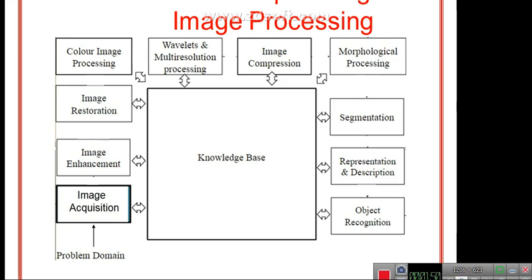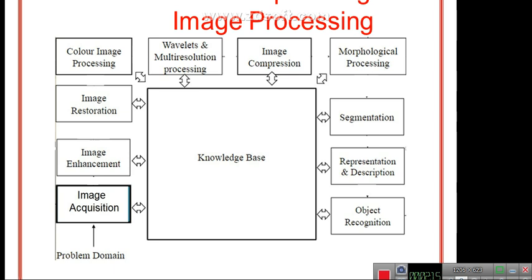And color image processing. Here each and every pixel intensity value, in terms of RGB intensities, is analyzed using color image processing techniques, and wavelet and multi-resolution processing. Then image compression. To store or transmit the image and satisfy the bandwidth and capacity, we apply image compression techniques.